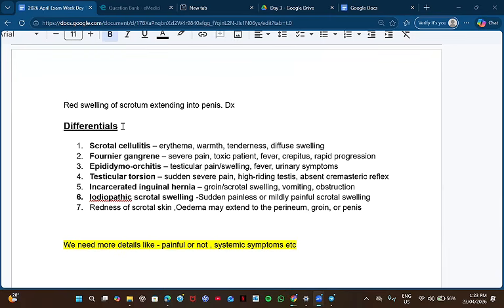Then we don't know whether it's painful or not. Just red swelling of scrotum extending into penis. So what does that mean? Extending into penis. Tell me, doctors.